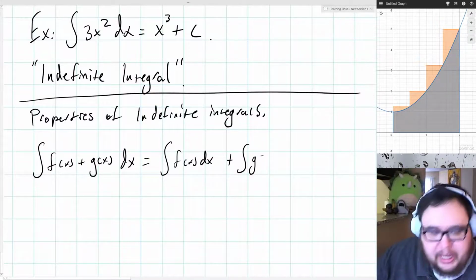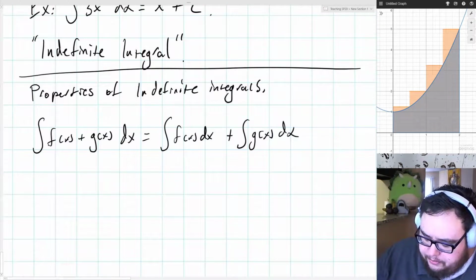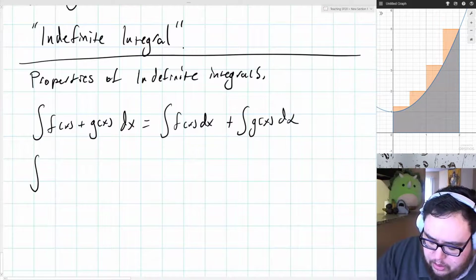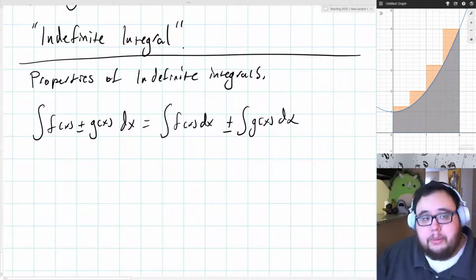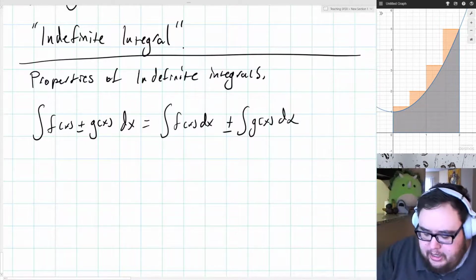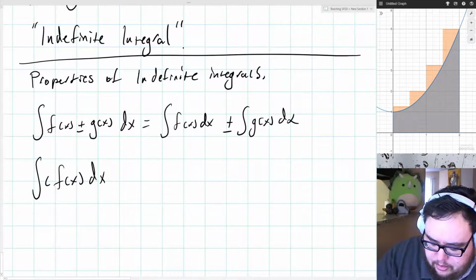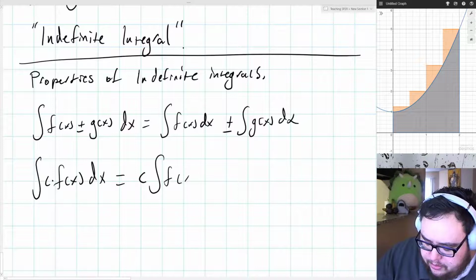This was a property we had for derivatives as well, right? This is true for subtraction as well, so we'll just put a plus or minus on there. And additionally, the integral of some constant times a function is just equal to the constant times the integral of that function.